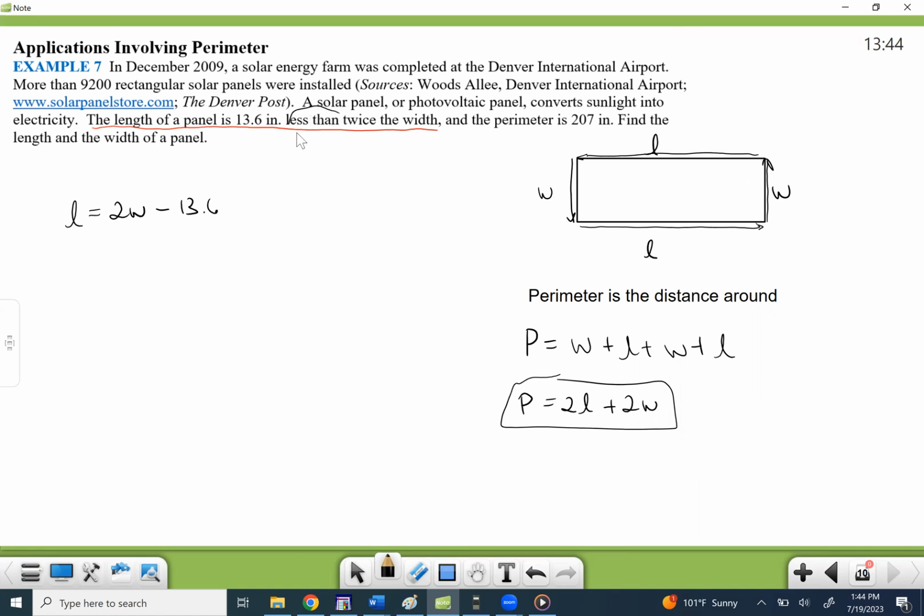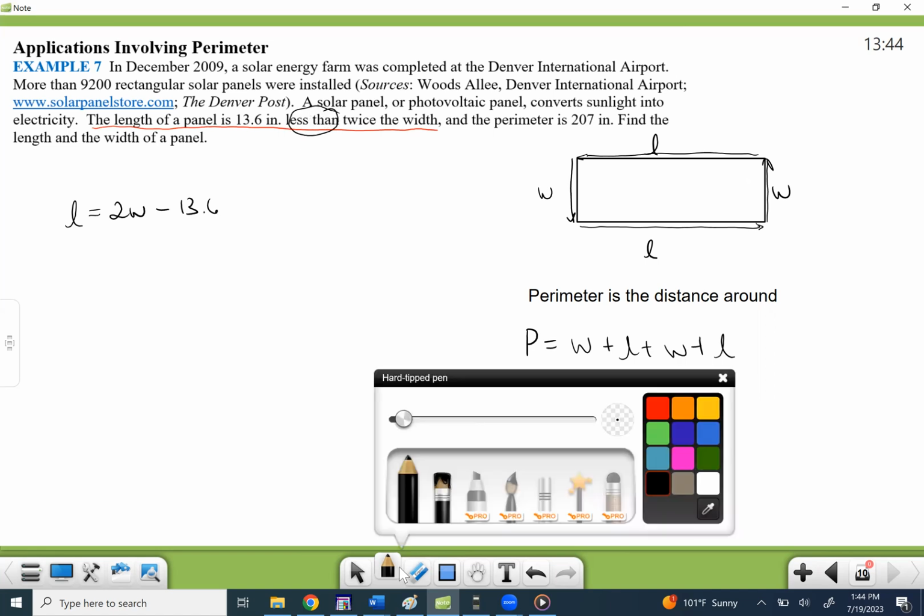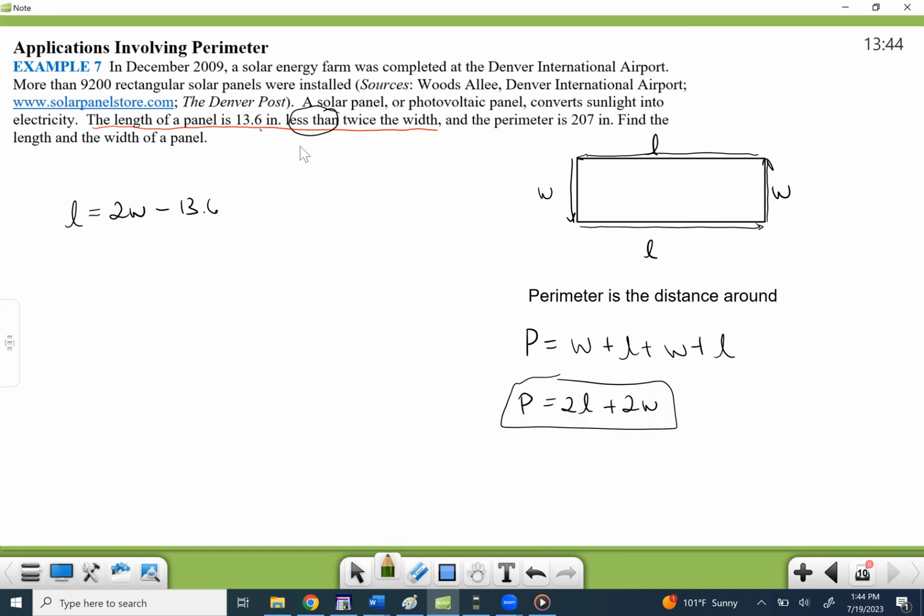Now what I want you guys to notice is anytime we see the words less than, not is less than, but less than, you're going to switch the order on the words. A lot of people would put 13.6, less than means minus, and then twice the width. And they'd write it wrong. Let me make sure that it's clear.